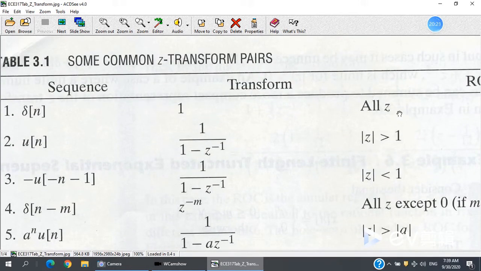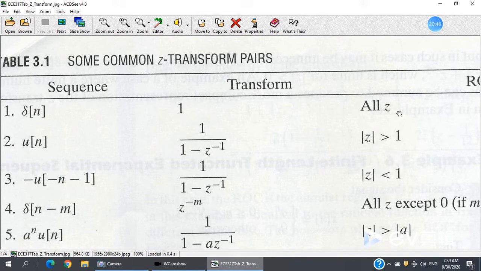The first is delta of n, an impulse. The fourth is delta of n minus m, a shifted delta, shifted by m.